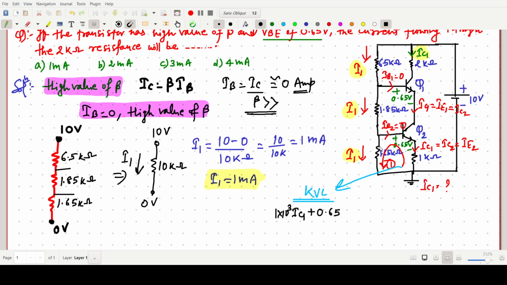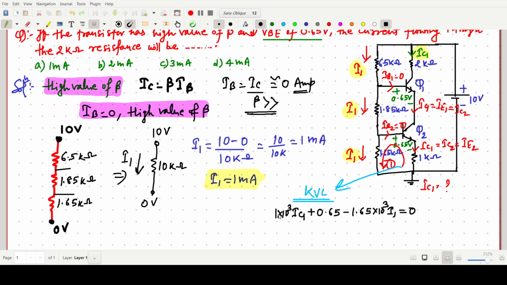Then we are going in the direction of current, so we are taking it minus 1.65 into 10 to power 3, and the I1 value is known to us, equals 0. Simple Kirchhoff's voltage law in this section.